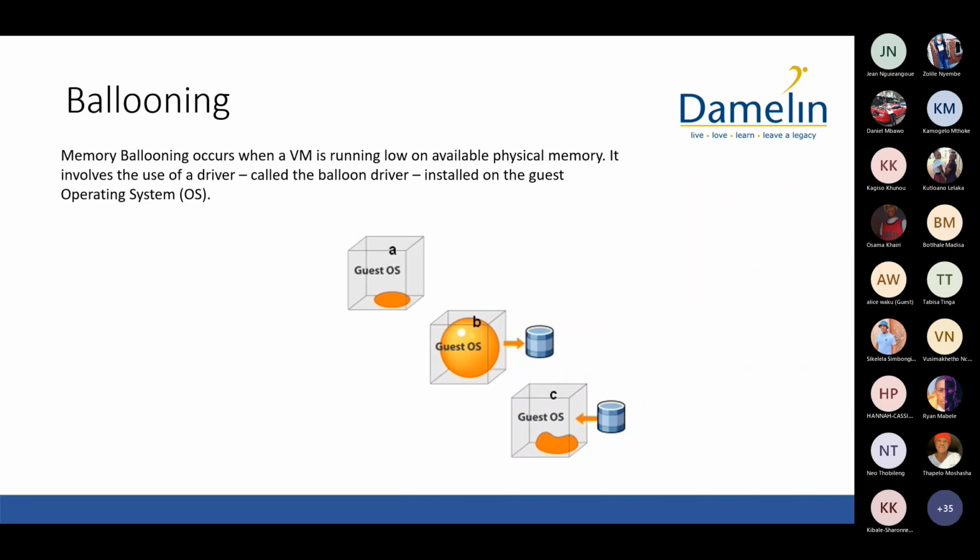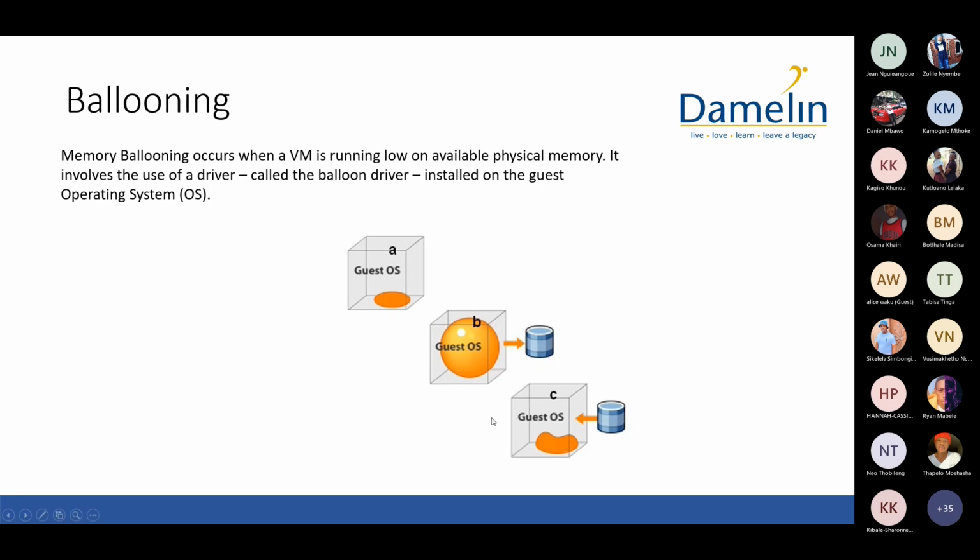Okay, so then we have this concept of memory ballooning, which happens a lot when working with memory and there isn't enough memory, especially when you're running guest operating systems. So if I have three guest operating systems on my computer, although I can launch them all at the same time, I can only run one at any given point in time.